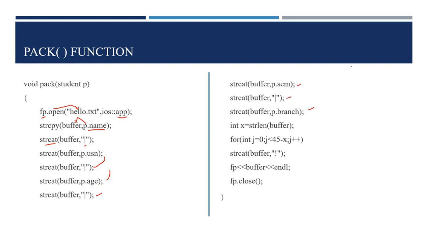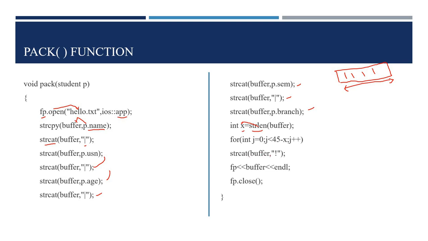Once all the elements are added to the particular record, differentiated with a delimiter, the length of this record will be evaluated using the string length function and stored in a variable x.